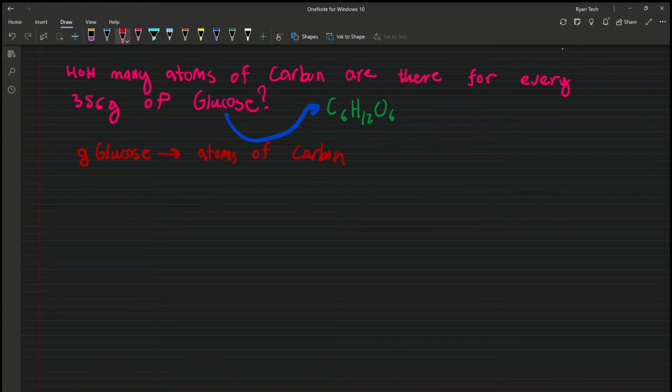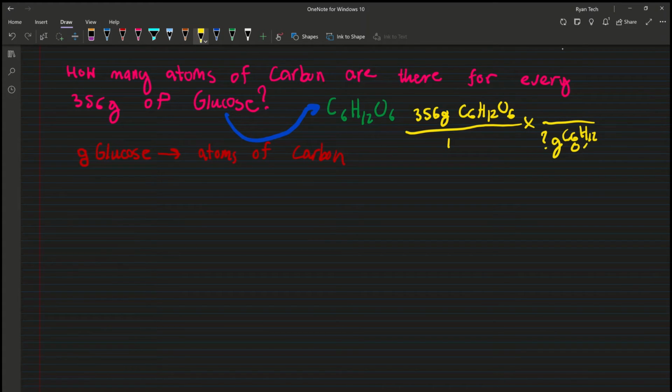So we start off with 356 grams of C6H12O6 over 1, times the amount of grams in C6H12O6, and we'll figure that out at the end of the question, and that's going to be divided by 1 mole, because that's grams per mole, so it's going to be 1 mole of C6H12O6.